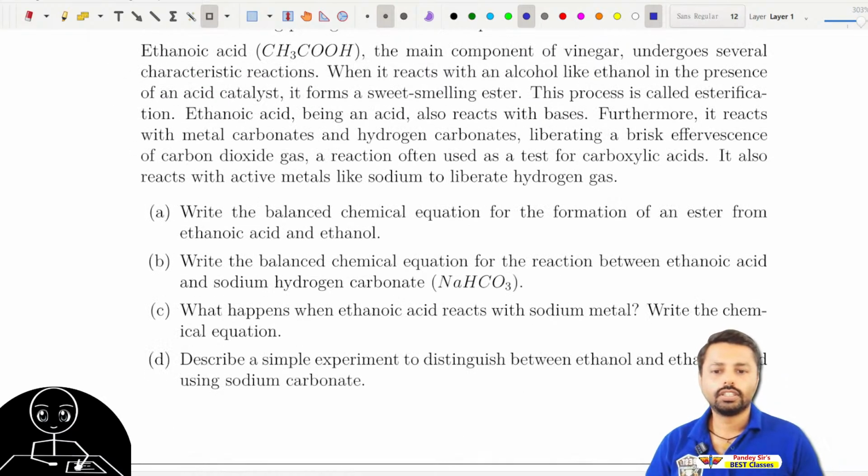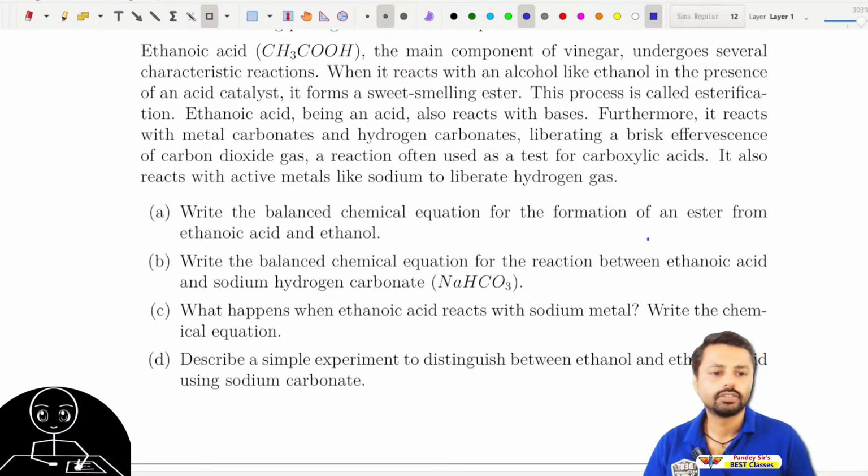So write the balanced chemical equation for the formation of ester from ethanoic acid and ethanol. In this question, it's the formation of an ester from ethanoic acid. Ethanoic acid is CH3COOH.